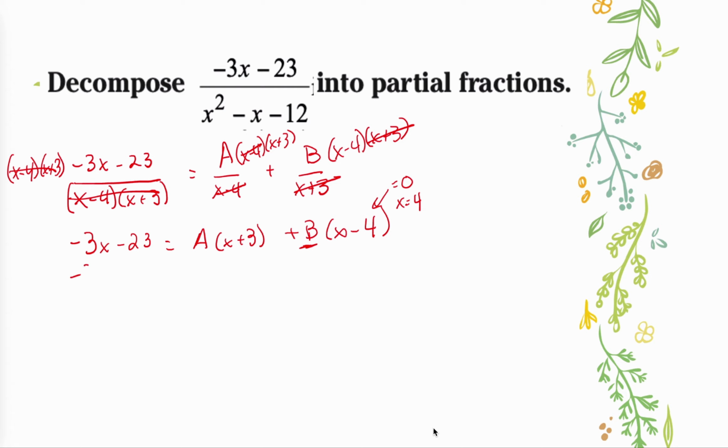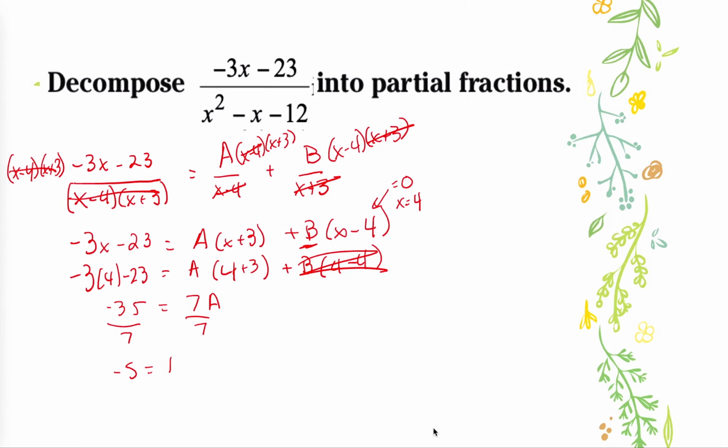So plug in 4, negative 3 times 4 minus 23 equals a times 4 plus 3 plus b times 4 minus 4. That is 0, and that all goes away. Negative 12 minus 23 is negative 35 equals 7a. Divide by 7. a equals negative 5.